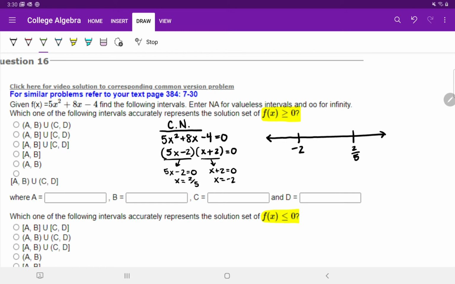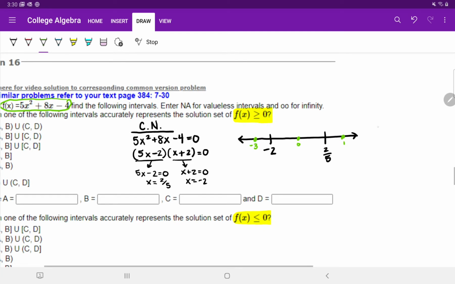So we're going to pick a test point within each of these intervals, starting with, let's do -3, 0, and +1. We have to plug these test points into our function. So we're going to start with the -3. We'll do 5 times -3 squared plus 8 times -3 minus 4.